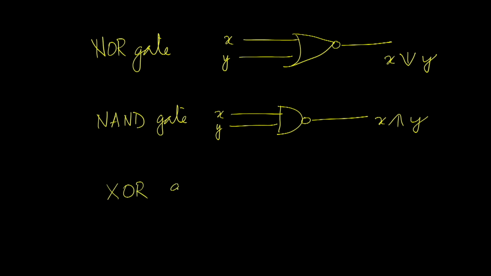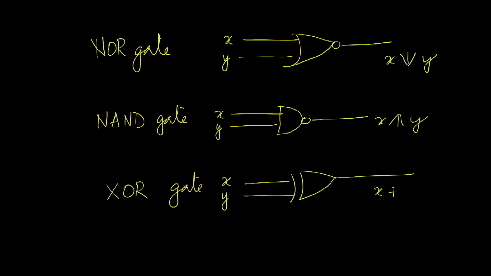An XOR gate, which produces an output of 1 if and only if the inputs are not the same, is denoted like this. Therefore, using these logical gates, you can convert a Boolean expression into a circuit.